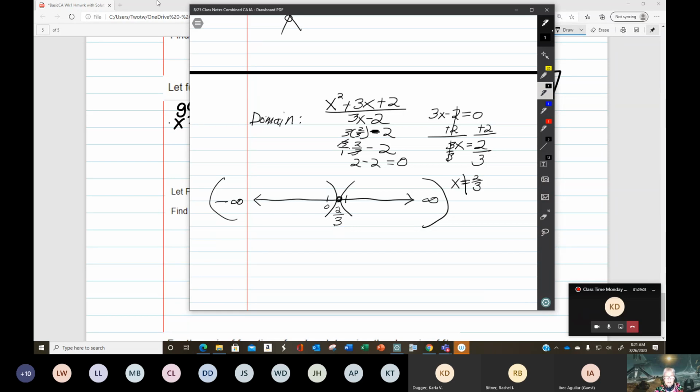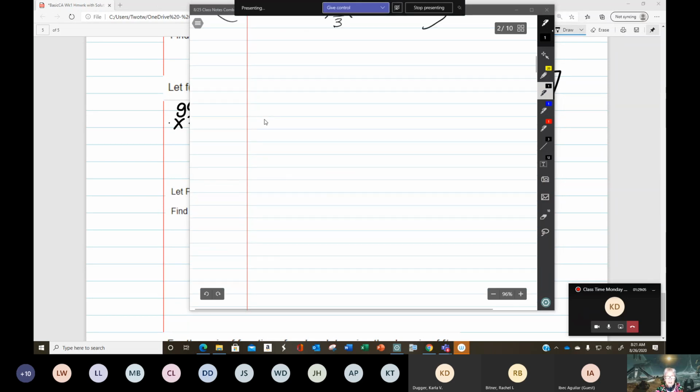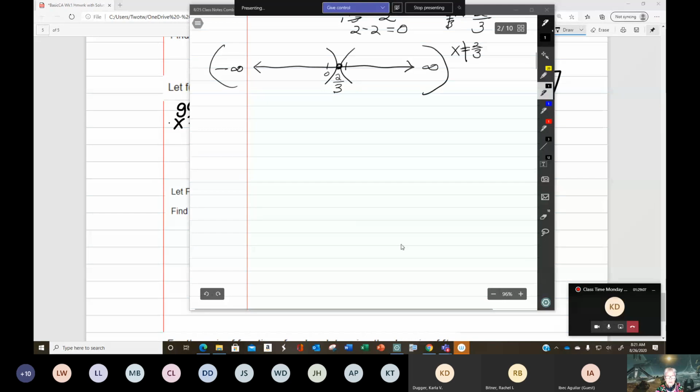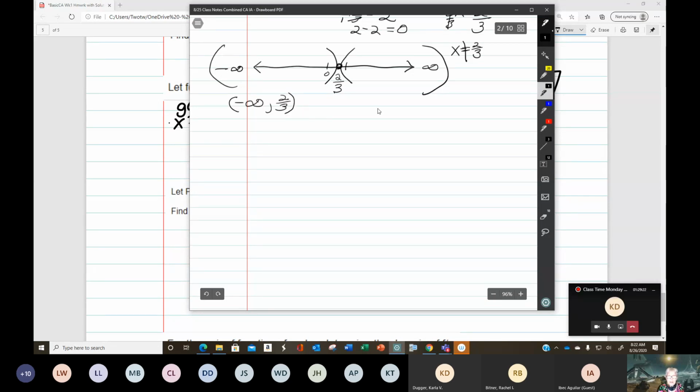And so in interval notation, we would write this pretty much this way. Negative infinity all the way to 2/3, but of course not equaling 2/3. And then the way you add intervals is with a U sign, not with a plus sign.